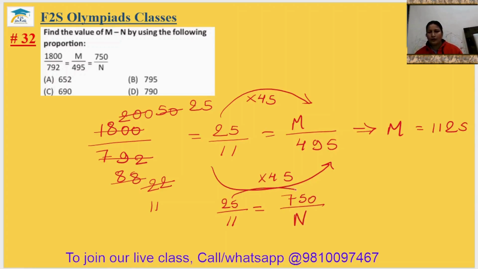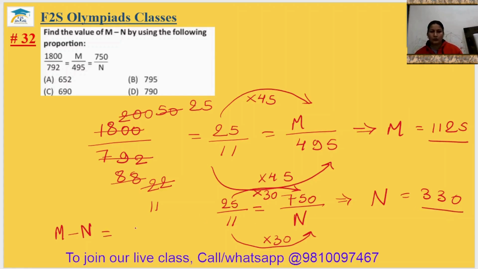So 25 multiplied by 30 equals 750. So definitely 11 multiplied by 30 will be n. So n equals 330. m minus n means 1125 minus 330, you will get 795. It is in option number B. So the 32nd answer will be option B.